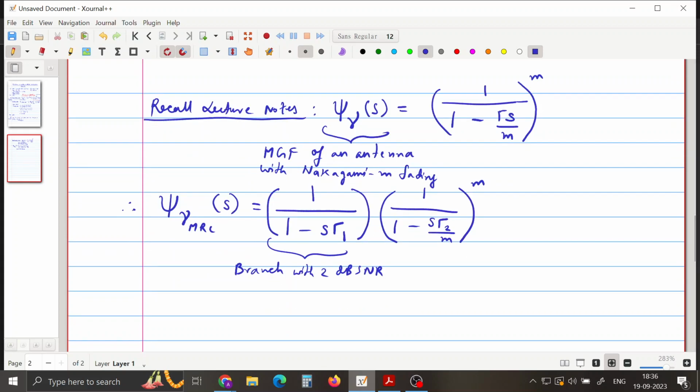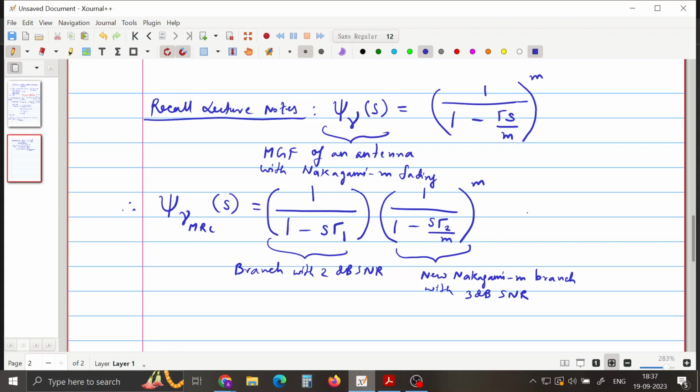So this one is your new Nakagami m branch with 3 dB SNR. So you just replaced one of the branches with this Nakagami m, so this 3 dB branch has now a Nakagami m fading as well.